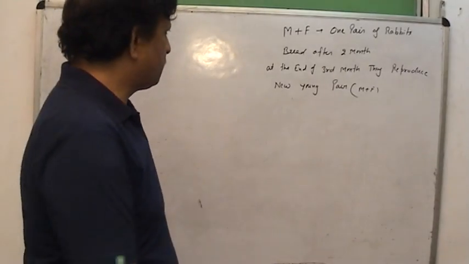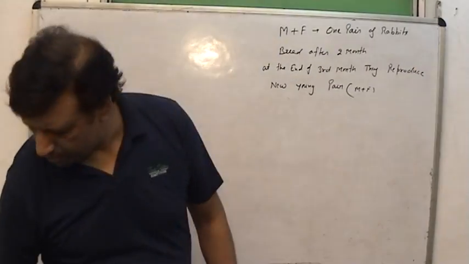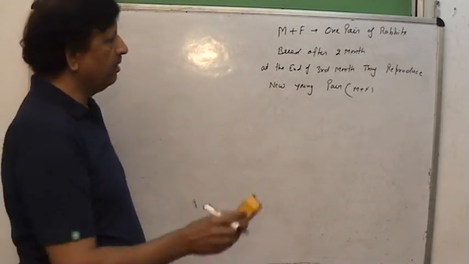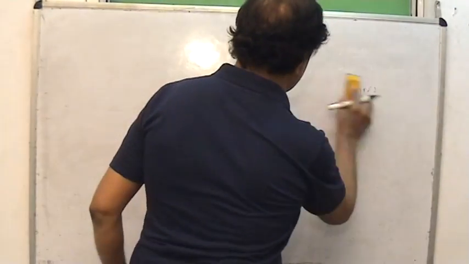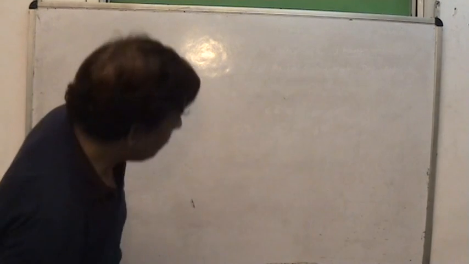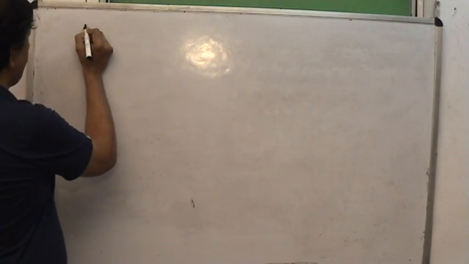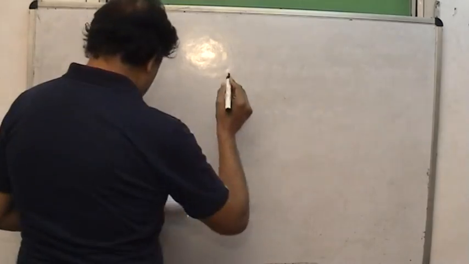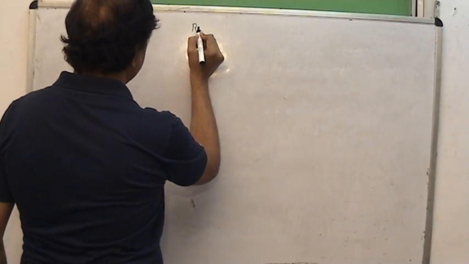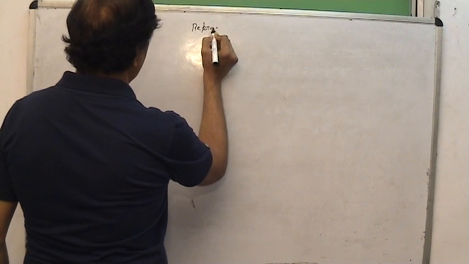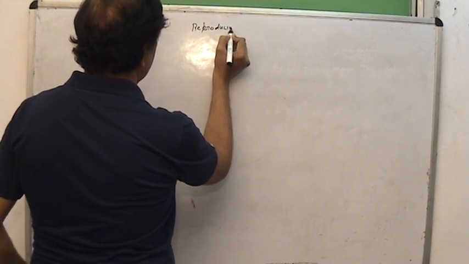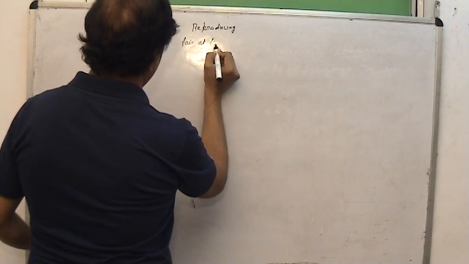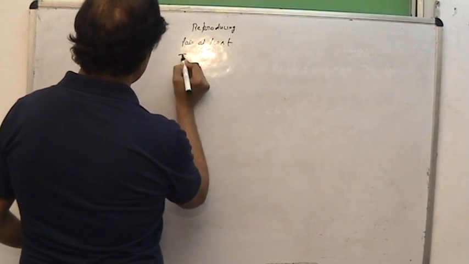Now let us put all these things into a table and see how the Fibonacci numbers are generated. Let us see here there are months, then reproducing pair, at least 2 months old.